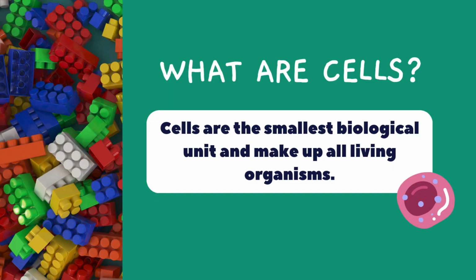Now, cells are the smallest biological unit and they make up all living beings. I've got this picture of Lego bricks there on the side, and I want you to think of cells as these tiny Lego bricks. They might vary in shape or color, but when they come together, they can make different structures that have different functions. Cells can communicate with one another.